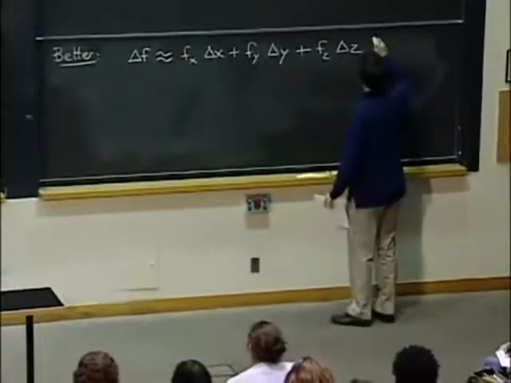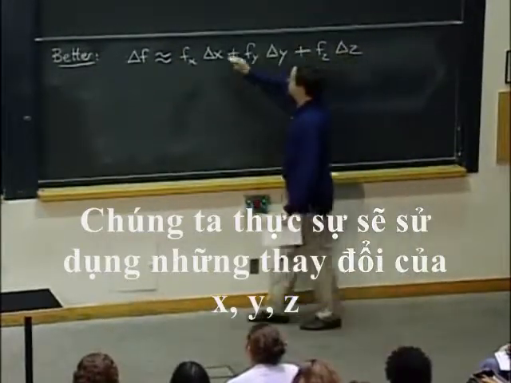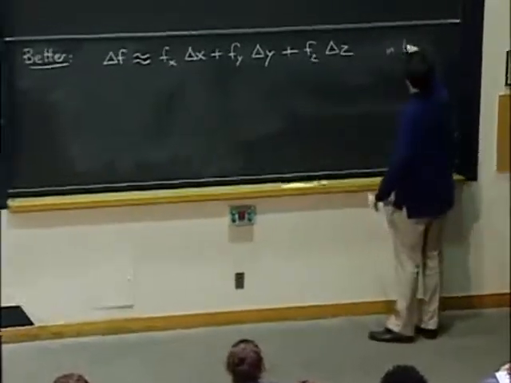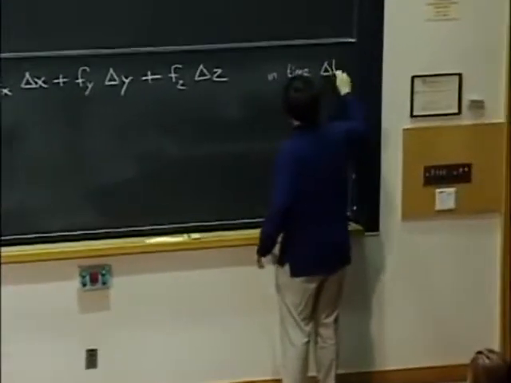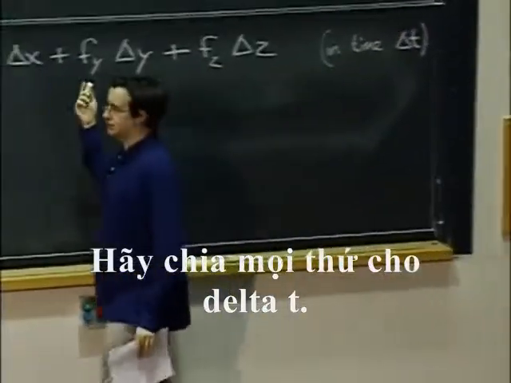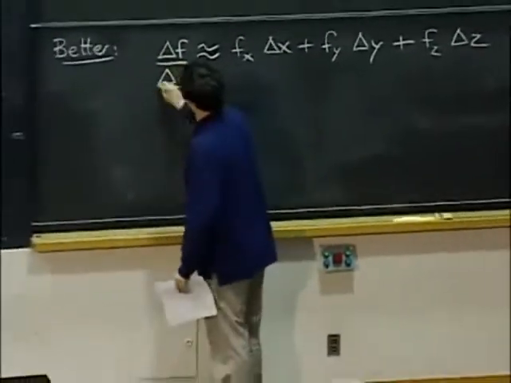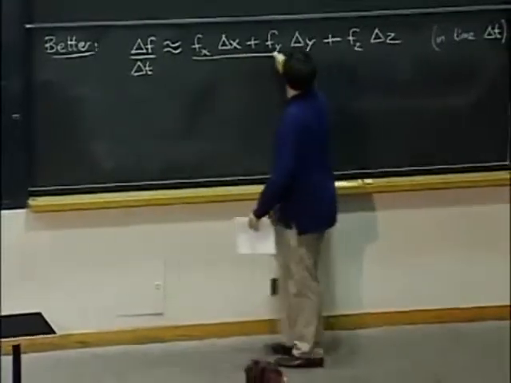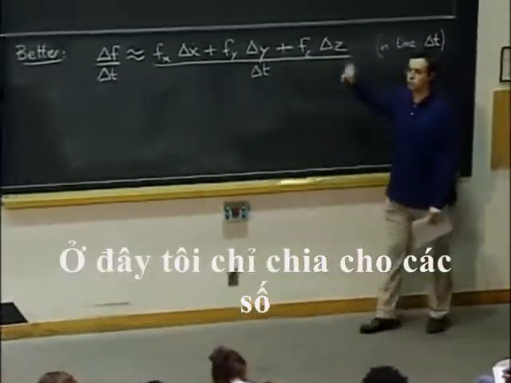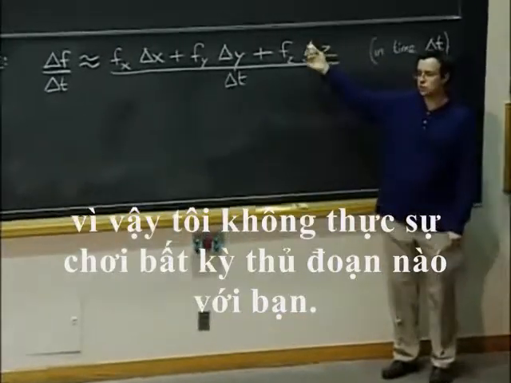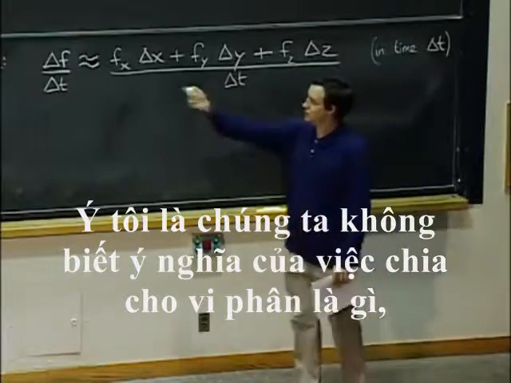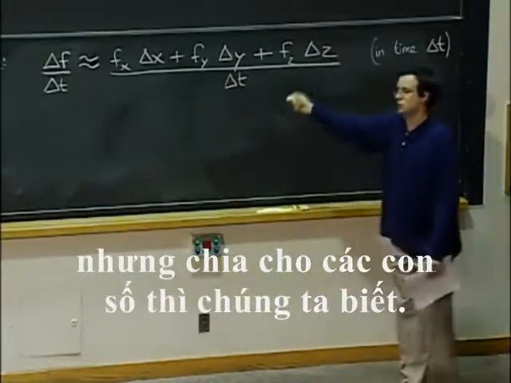So we'll actually use the changes in x, y, z in a small time delta t, and let's divide everybody by delta t. Here I'm just dividing numbers, so I'm not actually playing any tricks on you. I mean, we don't really know what it means to divide differentials, but dividing numbers is something we know.